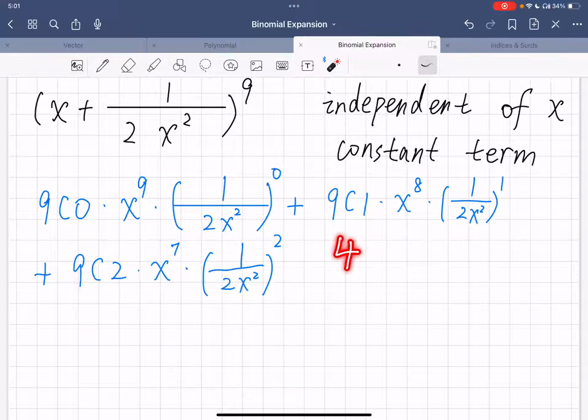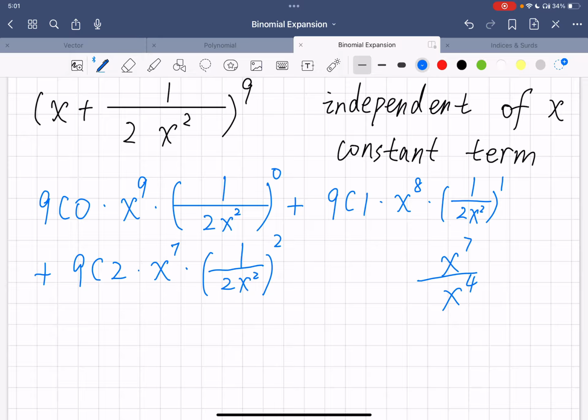So 2 times 2 equals the power of 4, and 7, we can cancel sometimes. It's 7 minus 4 equals 3. So we still cannot find it. But I believe for the next term, we can. Let's try.